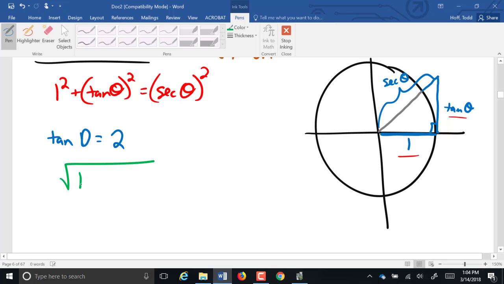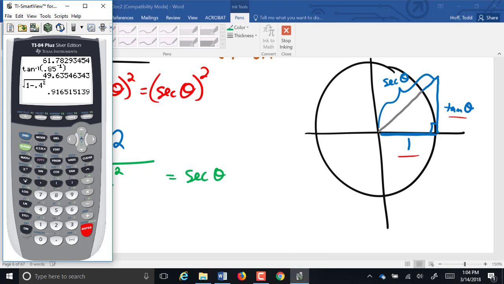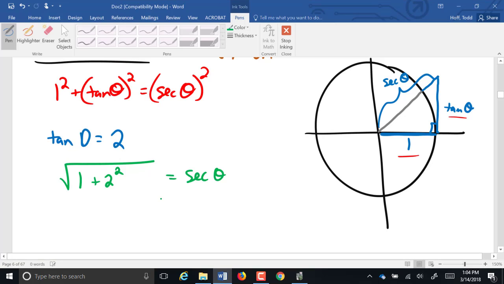It's the square root of 1 squared, which is 1, plus tangent squared, which is going to be 2 squared, equals the secant. So it's the square root of 1 plus 2 squared. Let's try that again. Square root of 1 plus 2 squared. 2.236.